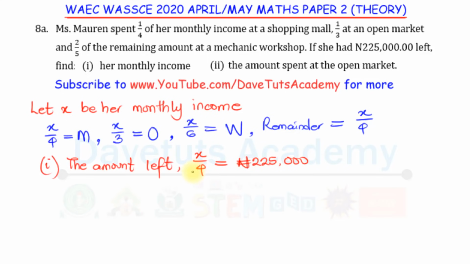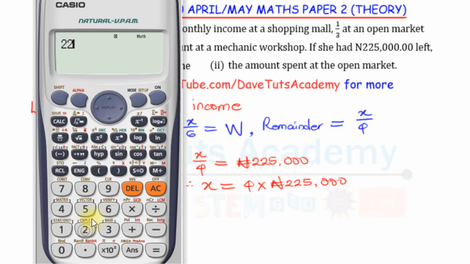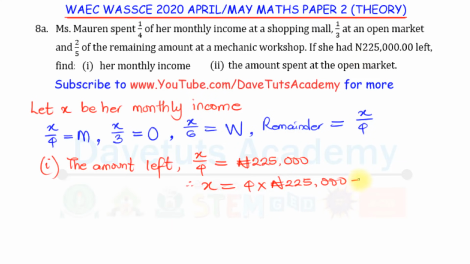So from here, if you just cross multiply, we can say therefore x is 4 times 225,000 naira. 225,000 multiplied by 4, that is 900,000 naira. So this is 900,000 naira as the solution to the question of finding our monthly income.